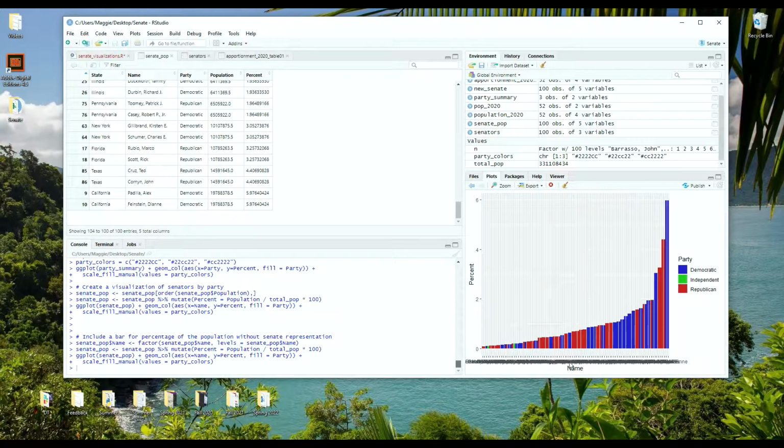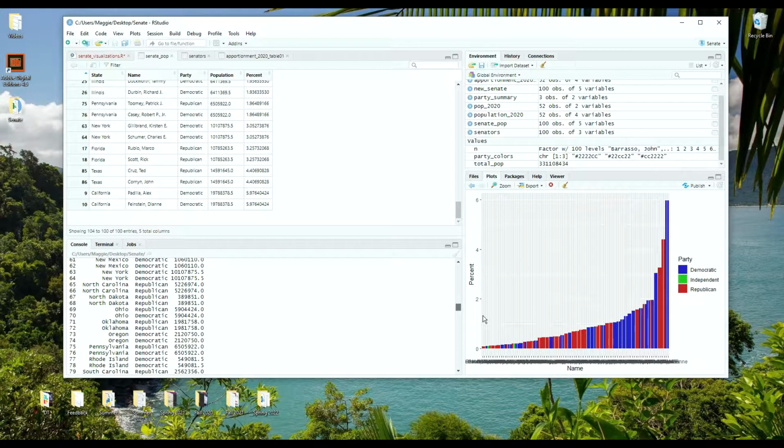It's funny how some of them are kind of squished together. But you've got blocks of blue and blocks of red, and we do know that the blues total up to more than the red, and of course the green is very small. But I'm not sure if this one is really giving me significant information, except that it does show us that there are states that represent an enormous percentage of the population and states that barely have any of the population.